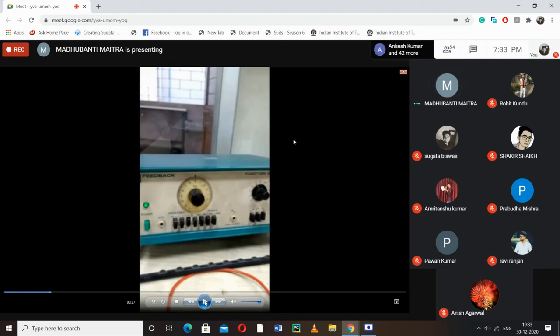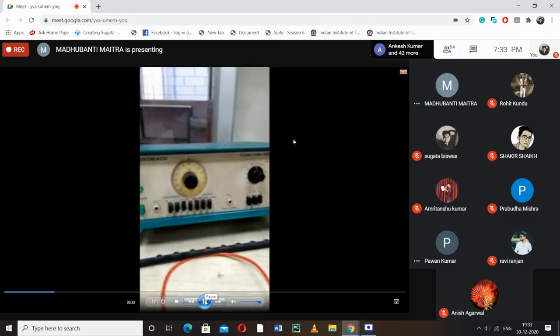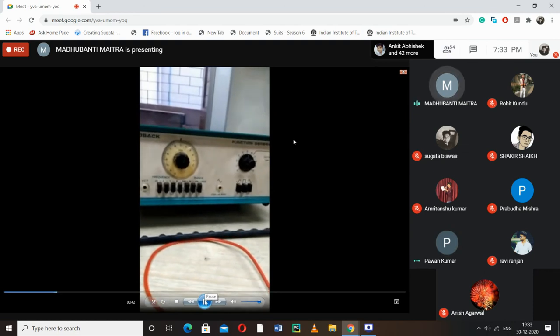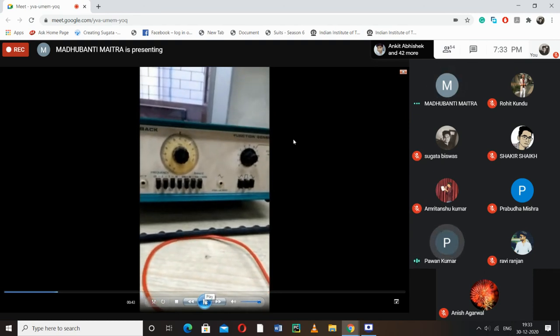We can tune the amplitude of the signal generated by this one, which will be the input to the system. With the help of these keys, we can select a frequency range, for example, 20 to 50 hertz.